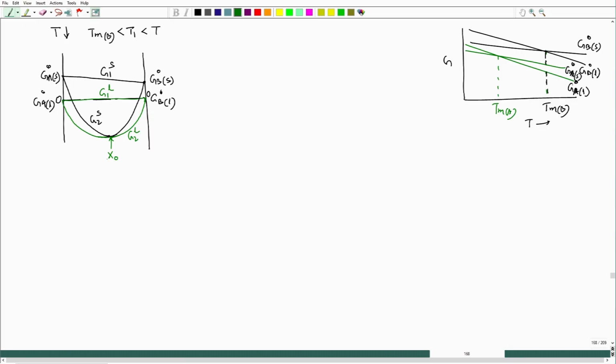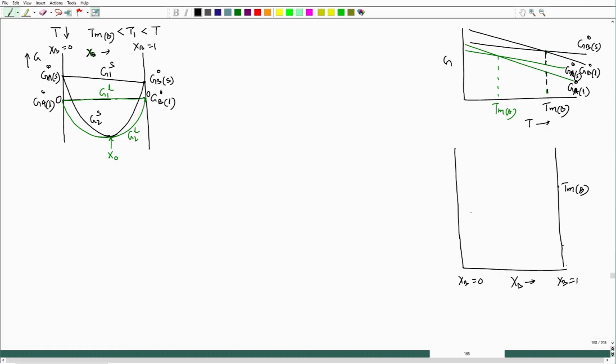Let us say this point is x0 with reference to B, because I am considering xB is varying this way, xB equal to 1, xB equal to 0, and this is G. Now, that means if I try to take this over temperature composition plot, xB this way, xB equal to 1, xB equal to 0, and this is TMB, this is TMA.